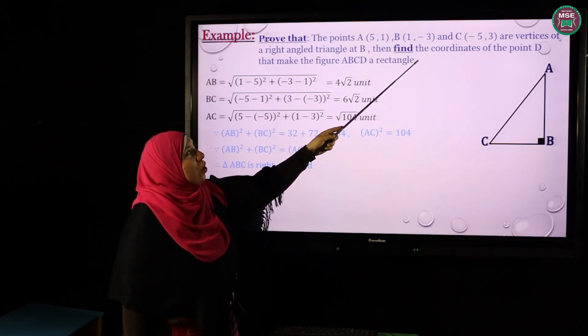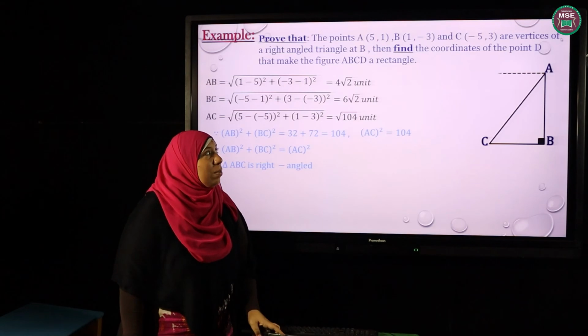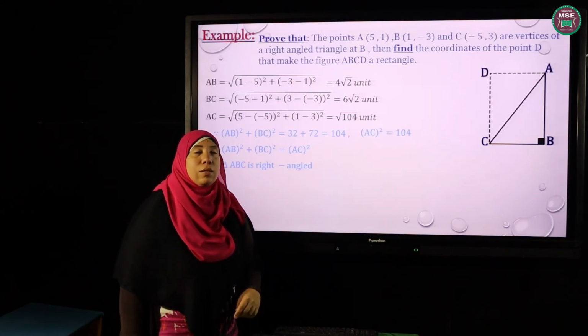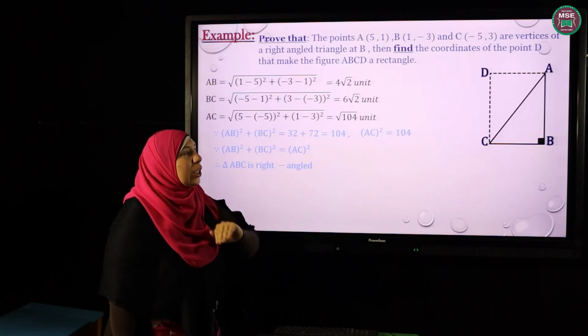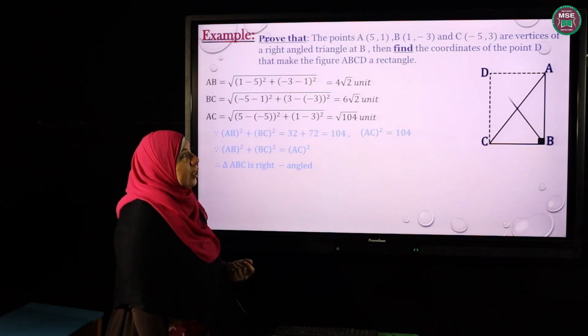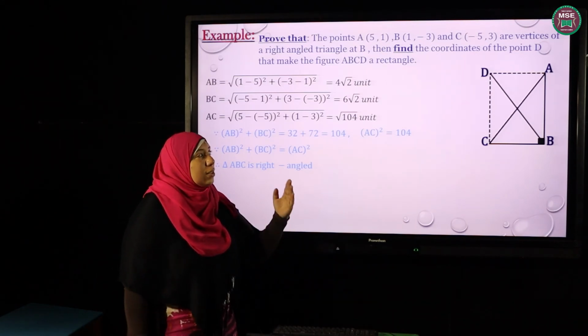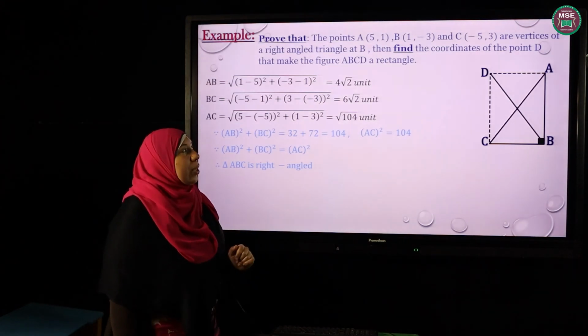He wants us to find the coordinates of the point D that makes the figure ABCD a rectangle. I want this point, which will complete the figure into a rectangle. How can I find this point? Of course, the rectangle is a parallelogram and its diagonals bisect each other.